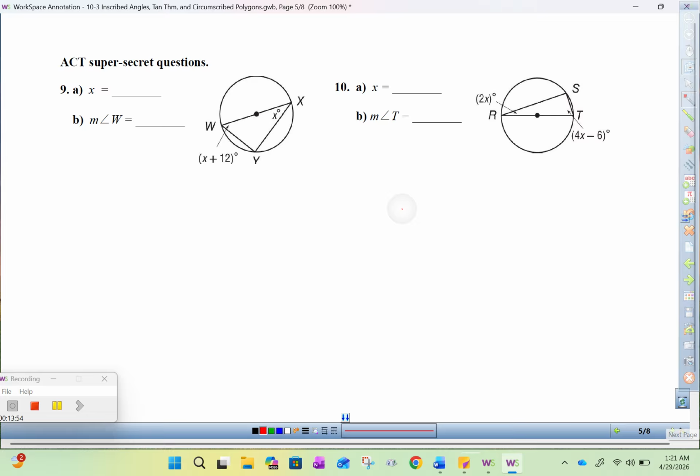So here, we call this an inscribed triangle, or we can say a circumscribed circle. And it's based on where the thing we're talking about is. So inscribed means inside, and circumscribed is outside, like the circumference, okay?